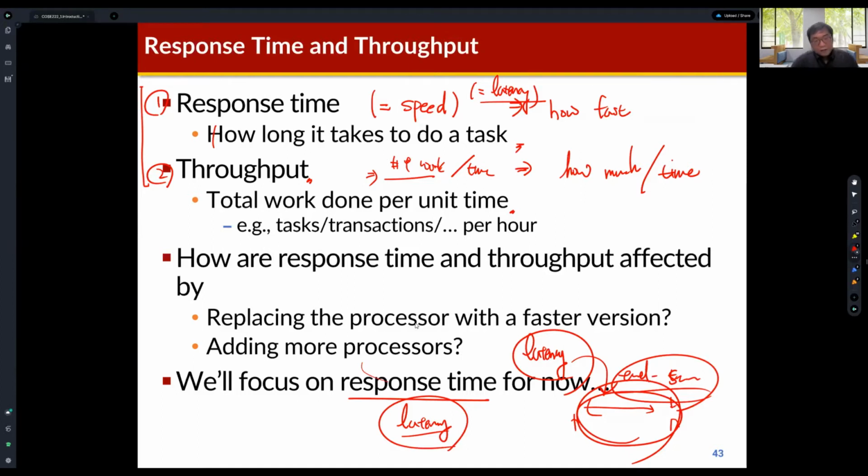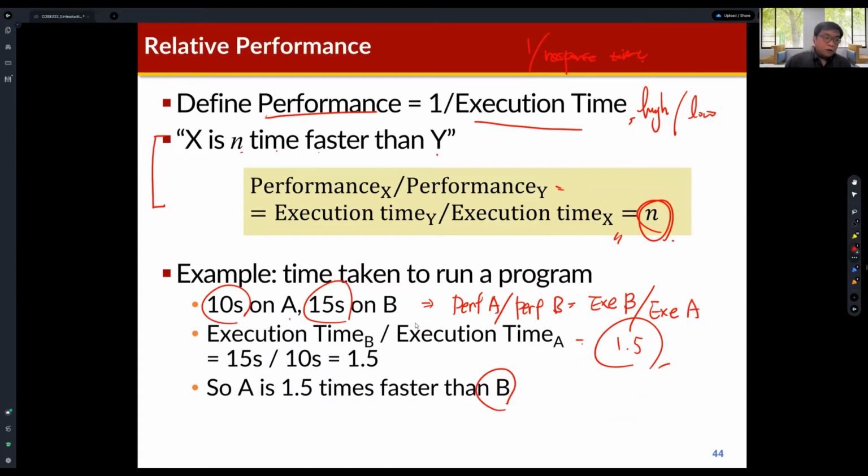Also, we learned the definition of performance. What is performance? Performance is the inverse of execution time. This is a definition, so please memorize it. In real life, we frequently say my computer system is very fast, which means my computer's performance is very high.